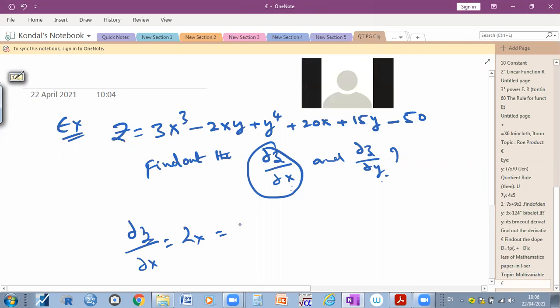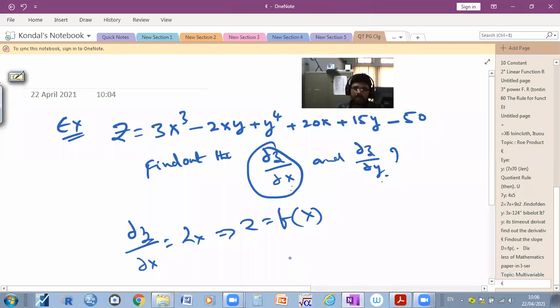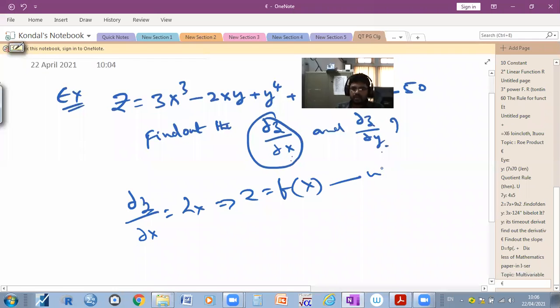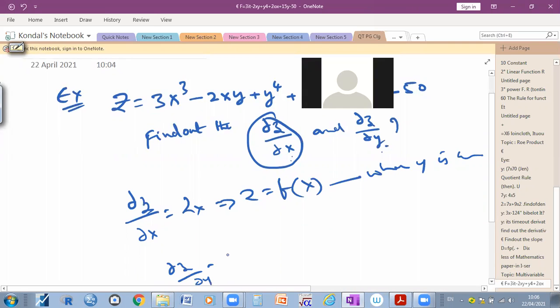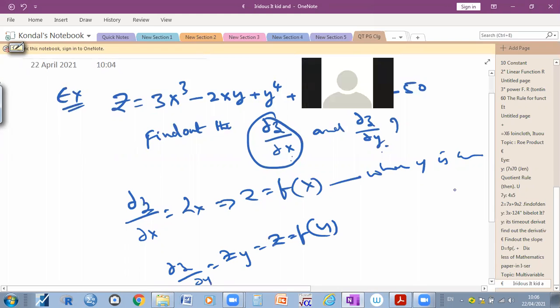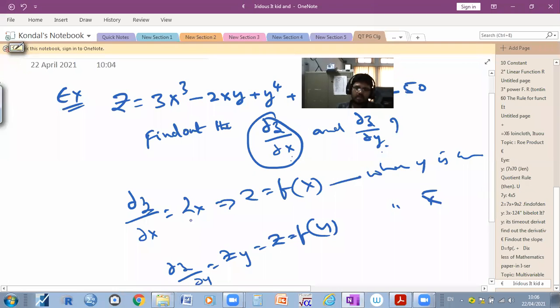Here z is a function of x when y is constant. Then dou z by dou y, z with respect to y. So z is a function of y when x is constant. X is constant. Don't confuse.